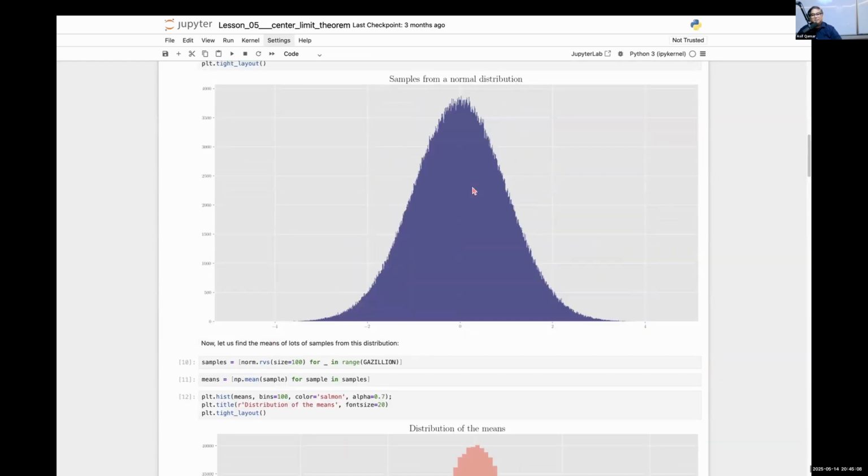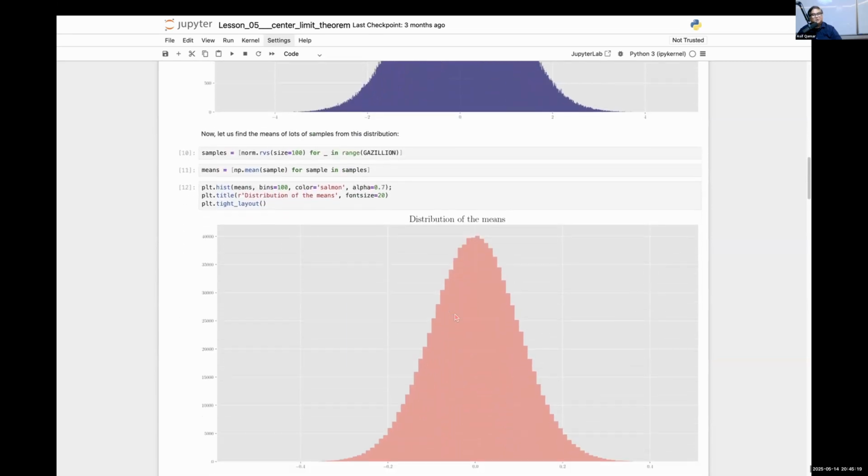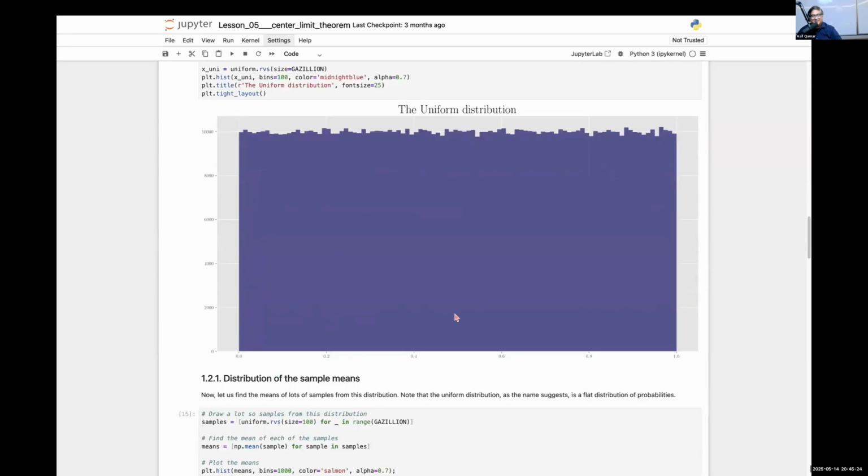And what was the mean of the bell curve? It was also around 0. Now you say that sounds suspicious. You deliberately took a bell curve, sampled off it, and then you're saying the average of the samples also points in that direction. So let's do something else.